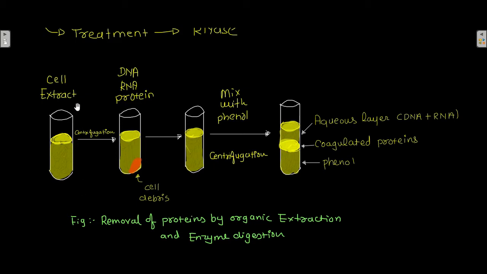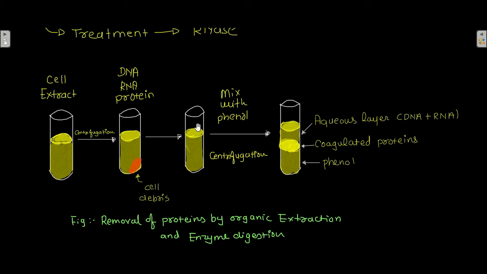So you take cells and put detergent in them, and the detergent will cause lysis of the cells, giving you a cell extract. To this cell extract you apply centrifugation. After centrifugation you get cell debris and a solution. You remove this solution and put it in another tube.